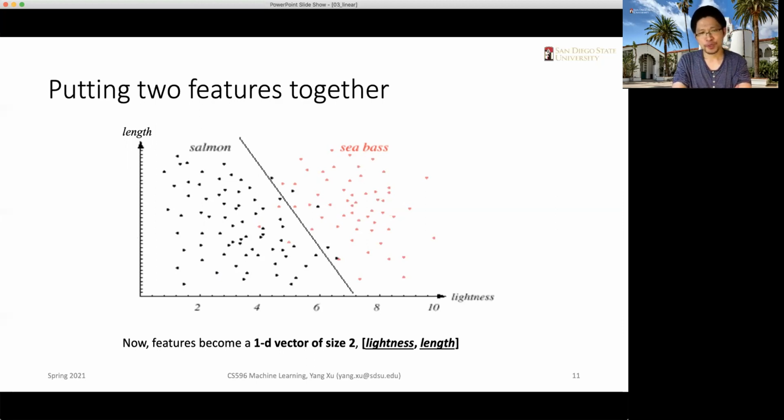We have a pretty good model now, and the model can be indicated by the line that separates all the examples here. This line is something we can call a decision boundary, because it separates the two kinds of targets, species. The feature we use is now a vector, a 1D vector that has two elements: first lightness, second length. It's no longer a single feature.